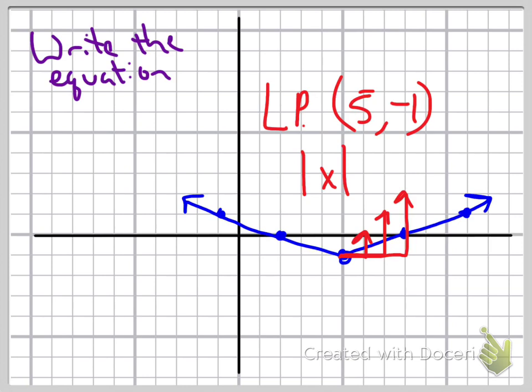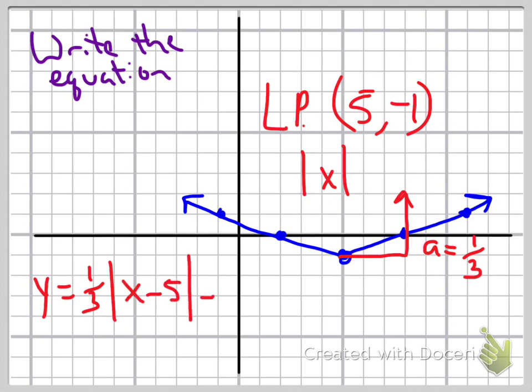The first two I'm not going to look at because I don't have points, but I do know that point. I normally go to the right 3, up 3, but now I'm going to the right 3, up 1. That is an a value of 1/3. So my equation is 1/3 absolute value, x minus 5 minus 1.